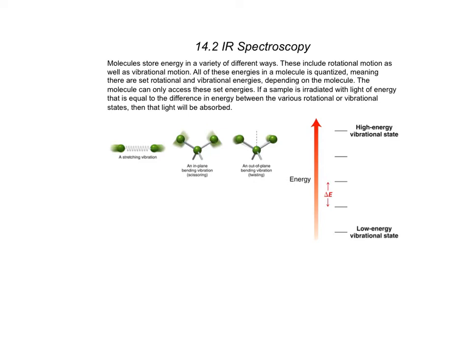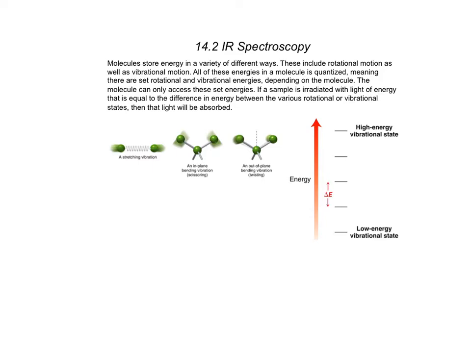So this vibration, bending, stretching, and this rotation all have very quantized energies as well, meaning that if you have a bond, it's only going to be able to vibrate at a certain frequency. If you want to promote it, it can vibrate at a higher frequency, but that frequency is set. They're going to have set energies, just like our orbitals had set energy spacings.